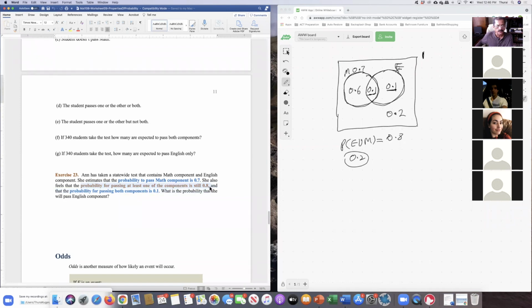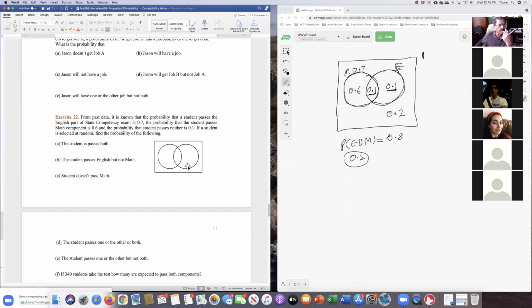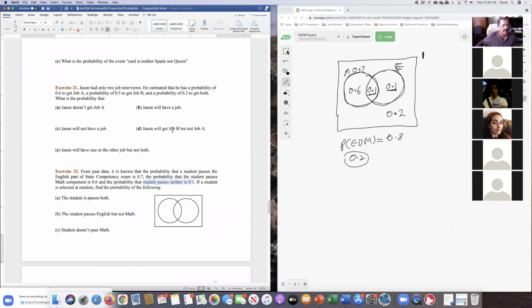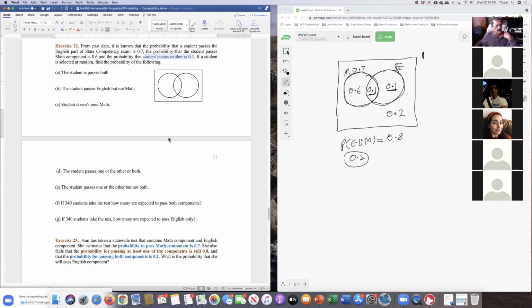That translates to the probability of the union. The probability for a student passing neither is the complement of the union. If you properly translate that, there's nothing else that's different in these problems.